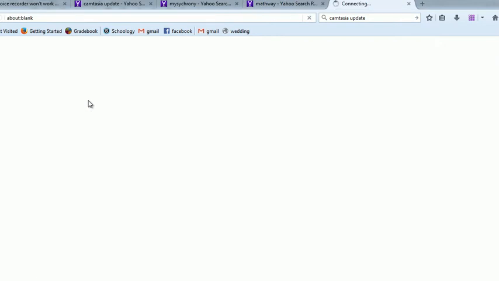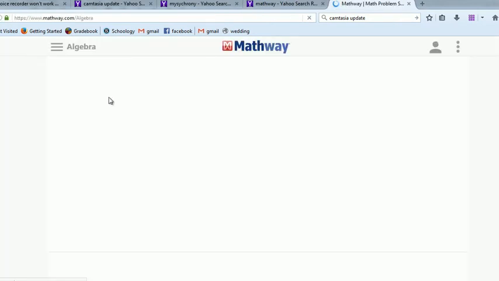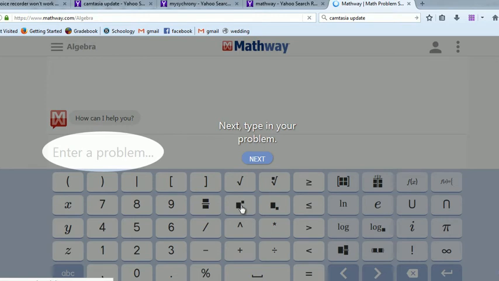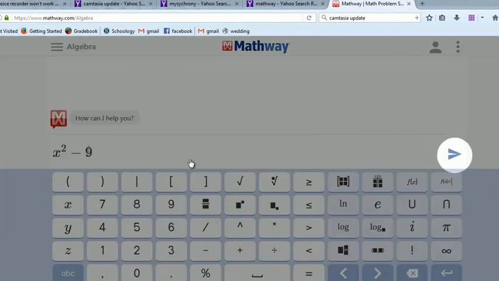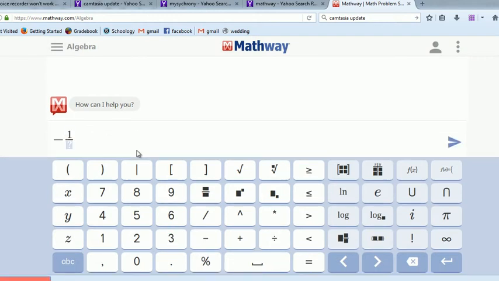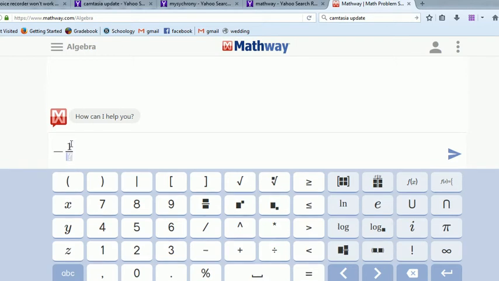Type it in just like that. I think it was negative 1 divided by 3, space, tab, x raised to the 2, minus 6x, minus 8.